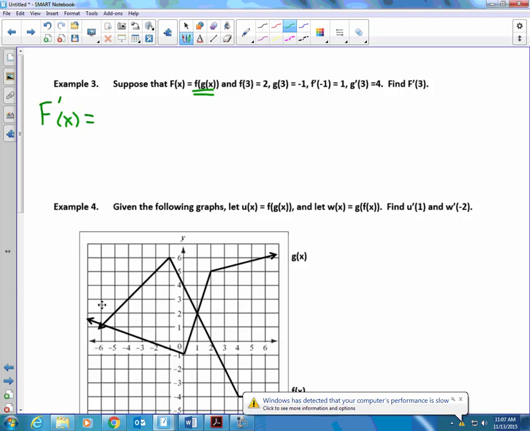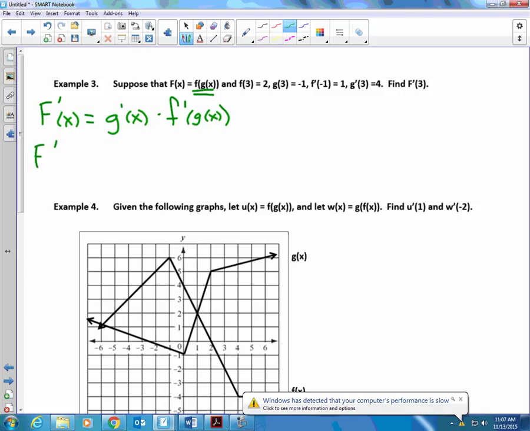So the derivative we would write as g prime of x times the derivative of the outside, f prime of, with the inside left alone. Right? That's what we've been doing, right? Derivative of the inside times the derivative of the outside with the inside left alone. That's the phrase you need to kind of get through your noggin.